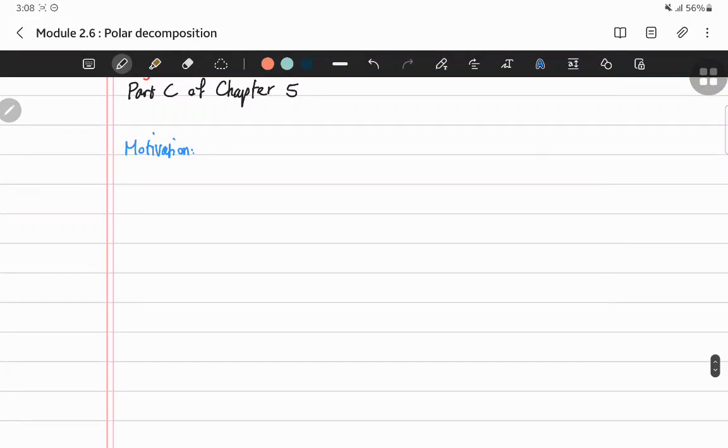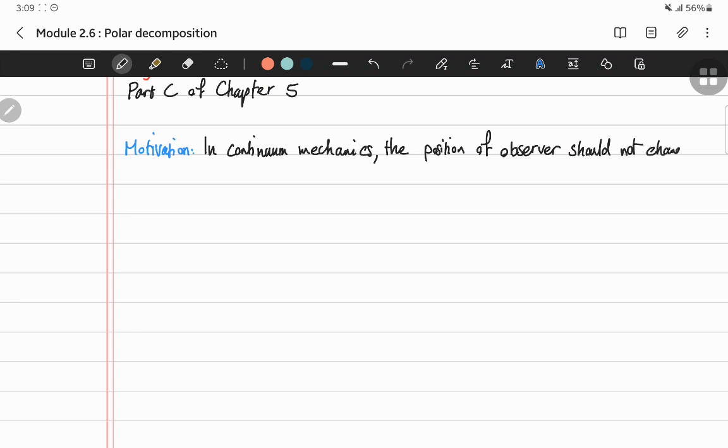In continuum mechanics, we would like the position of the observer not to change the quantity of interest.